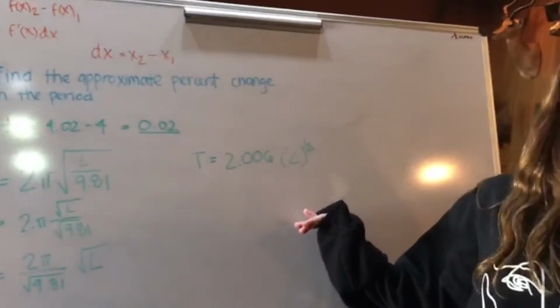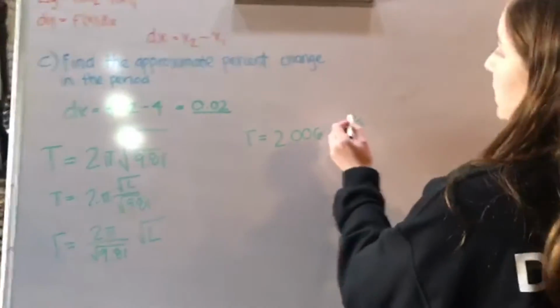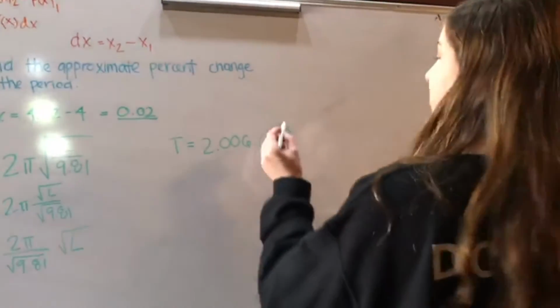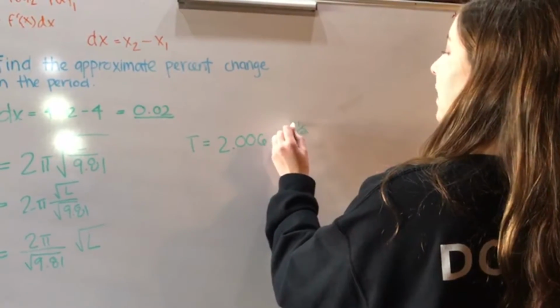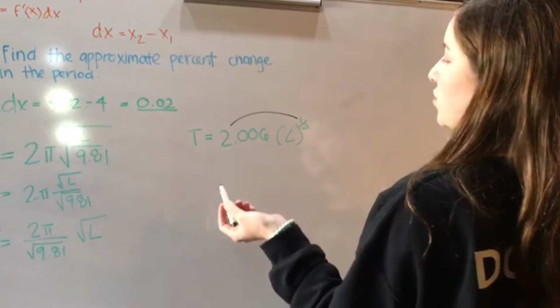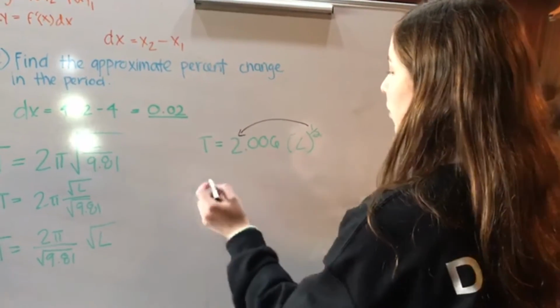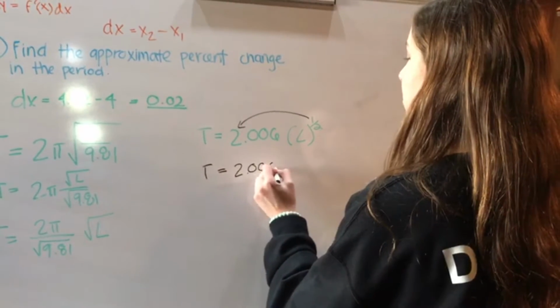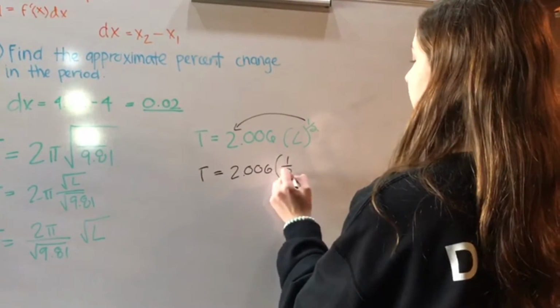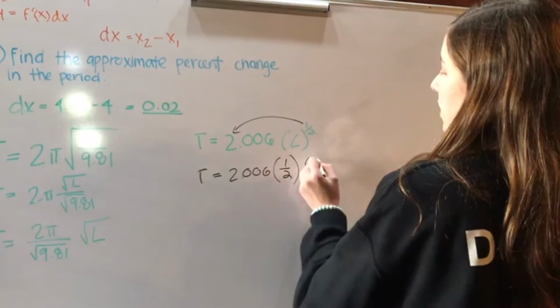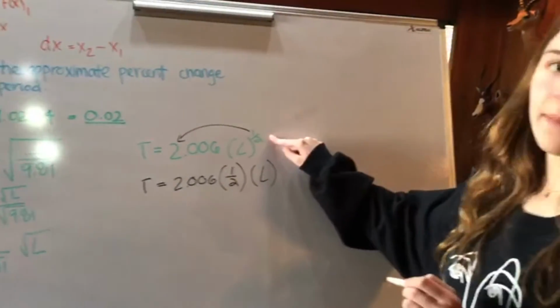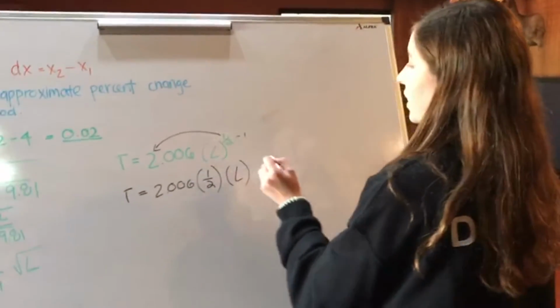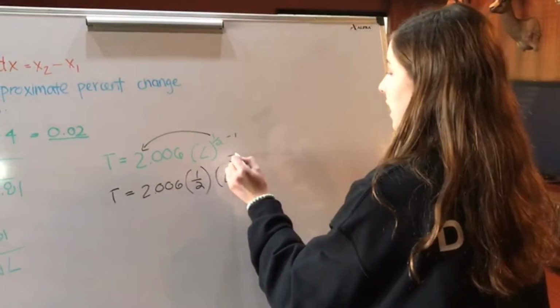Now we're going to differentiate the function using the chain rule. We bring the 1/2 down, multiplying with the 2.006. So we have 2.006 times 1/2, then L, and remember that we have to subtract 1 from the exponent, so it will give us negative 1/2.